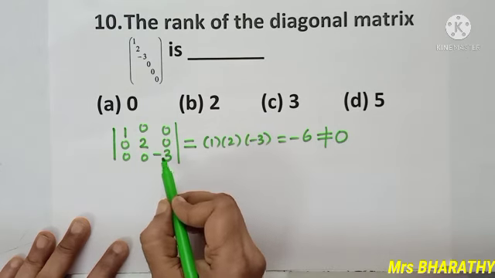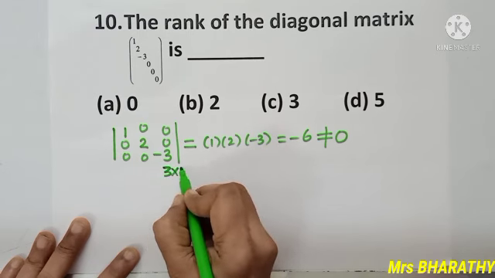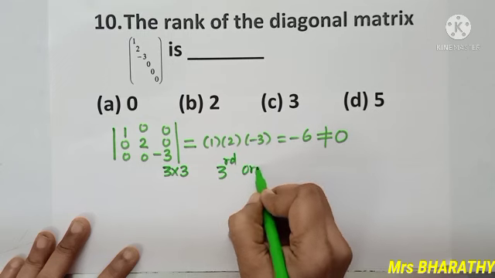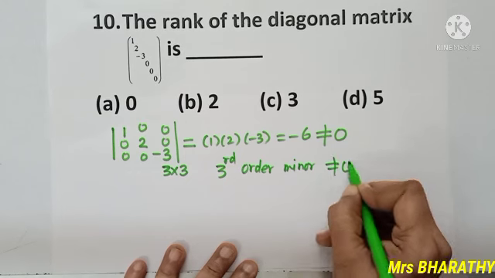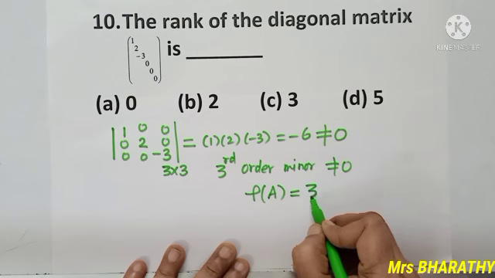There are 3 non-zero elements along the diagonal. So it has 3 rows and 3 columns. So I will say third order minor is not equal to 0. Rank of the matrix is 3.